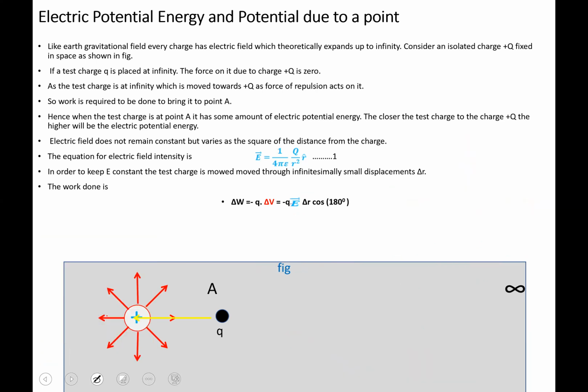Keeping that in mind, we get W is equal to E delta R. Now let us put this value of E in this equation. What do we get?